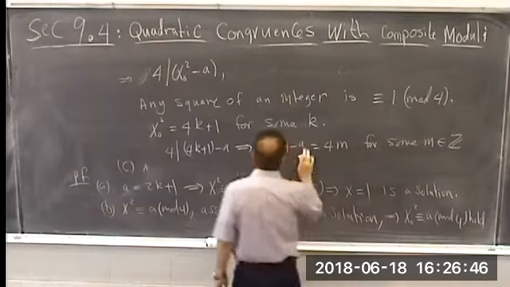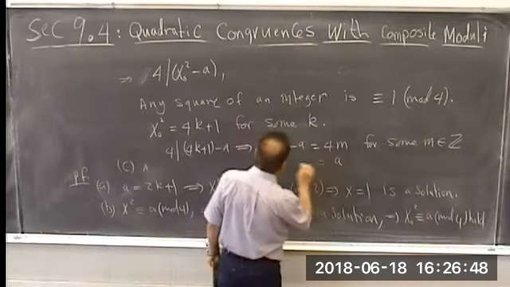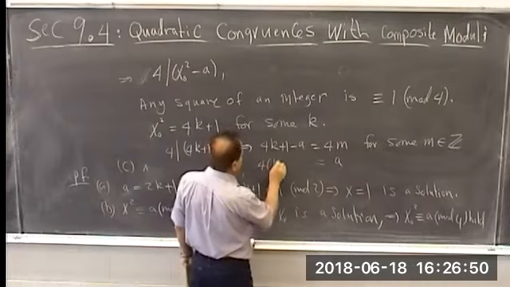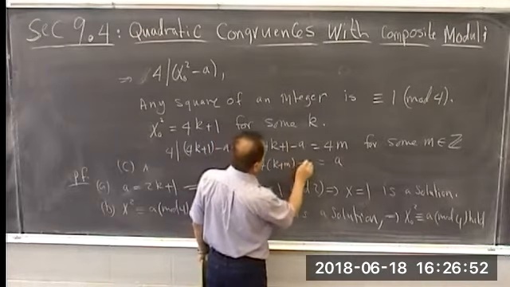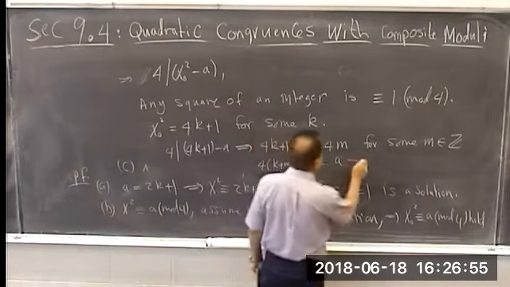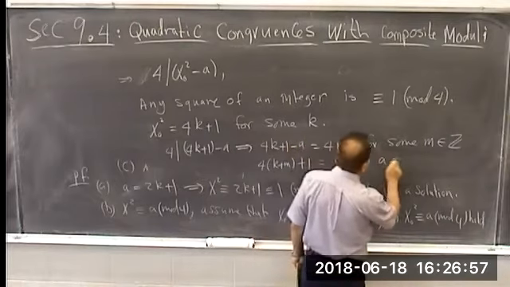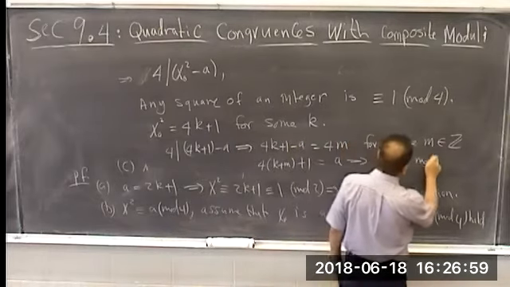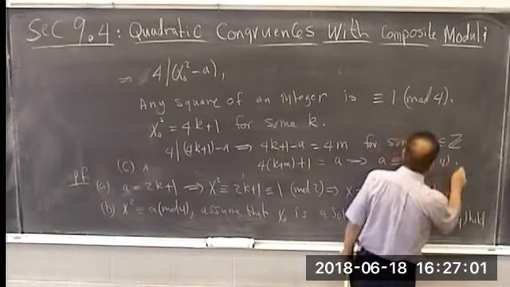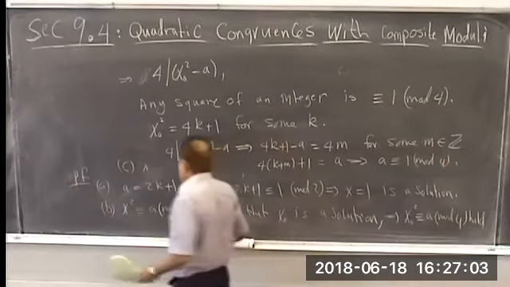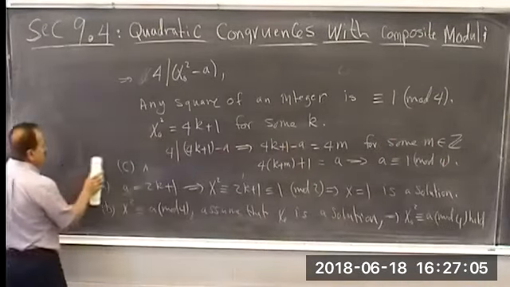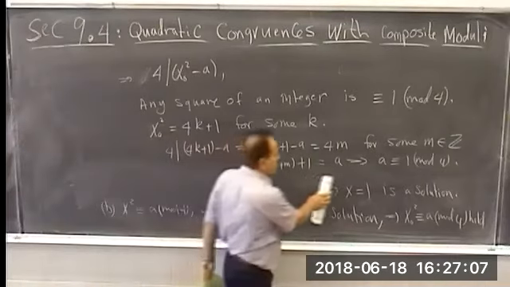And solving for A, we come up with 4(k minus m) plus 1. So this implies, yes, A is congruent to 1 mod 4. All right, so if it has a solution, it must be congruent to 1 mod 4.